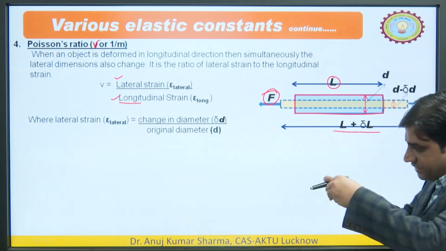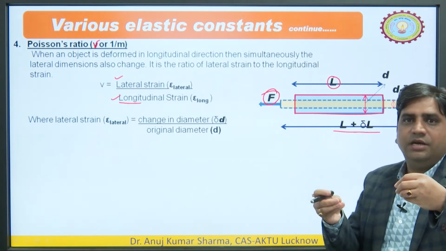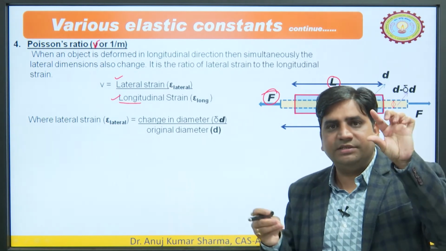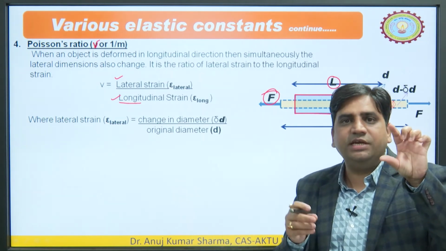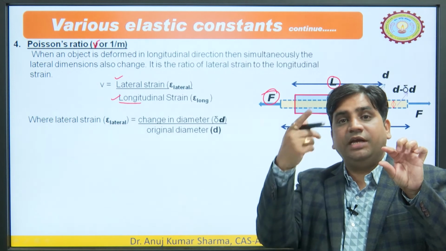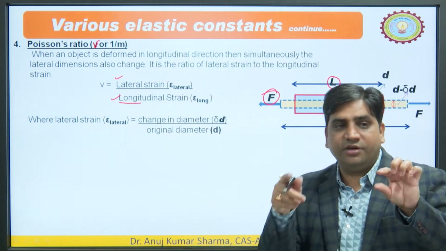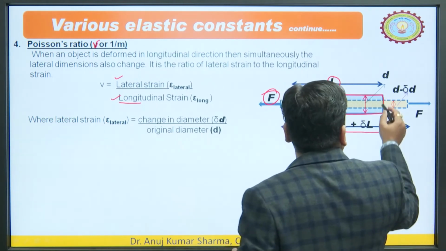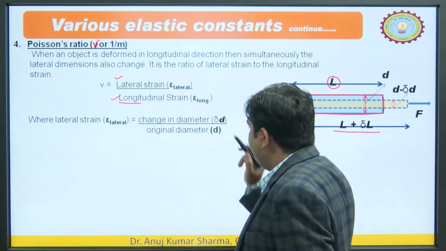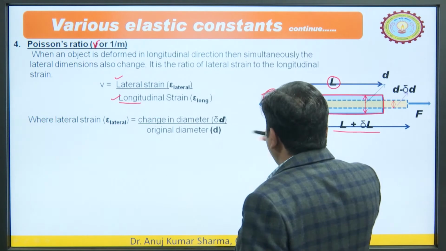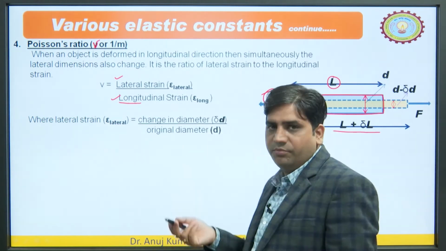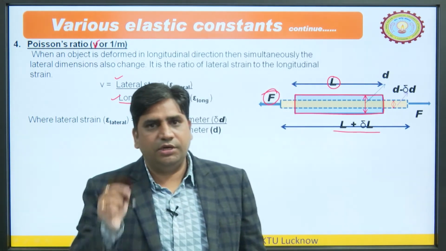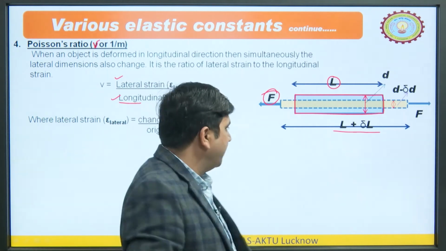When you are stretching something, its length is increasing, but its diameter is decreasing. So, change in diameter divided by the original diameter is known as the lateral strain, that is, delta d upon d. Here it would definitely be negative, so if we consider the sign convention, it becomes minus delta d upon d.